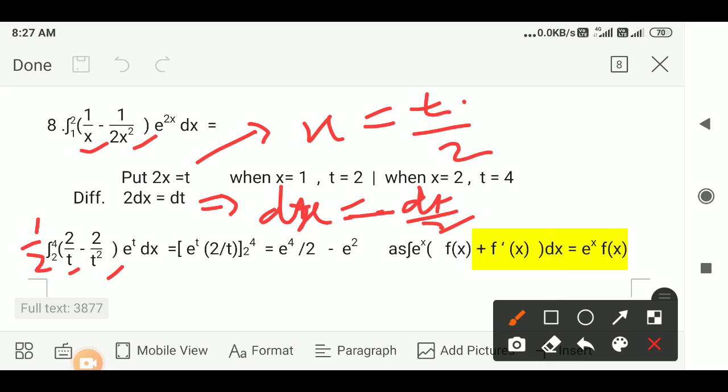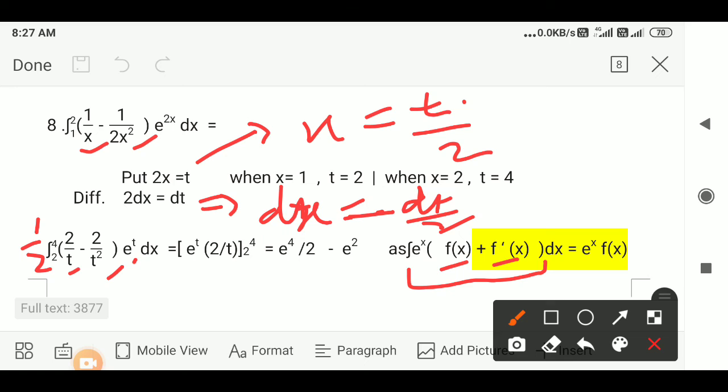Now 2 by t is the function and 2 by t square is its differentiation, and e power t is here. So we can use this formula now.